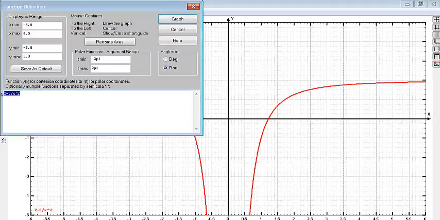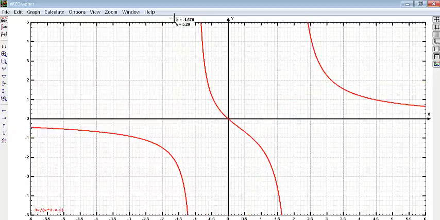Okay, so the function was 3x divided by x squared minus x minus 2, right parenthesis, graph it, and there it is. So you see we have vertical asymptotes at -1 and +2. We have our x and y intercepts here.